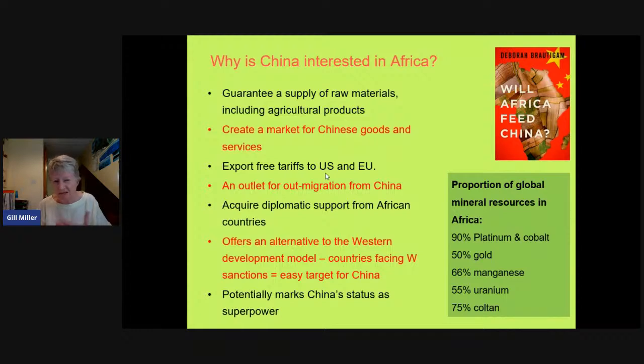And China doesn't really want to interfere in national politics. So this alternative model of non-interference from China is really quite attractive to African nations. And potentially it marks out China as a superpower because it's got influence in so many of these 52 African countries.